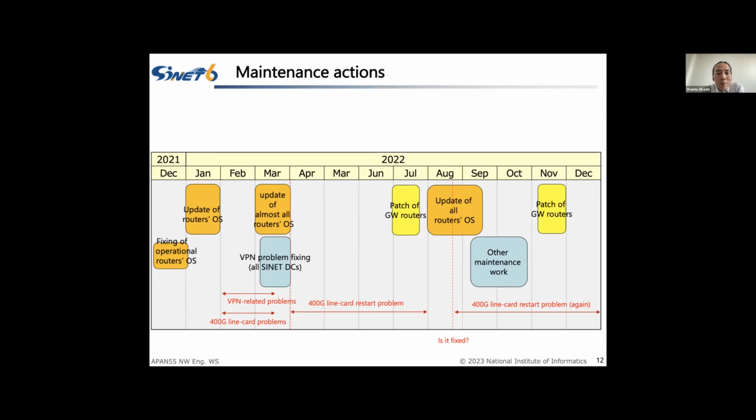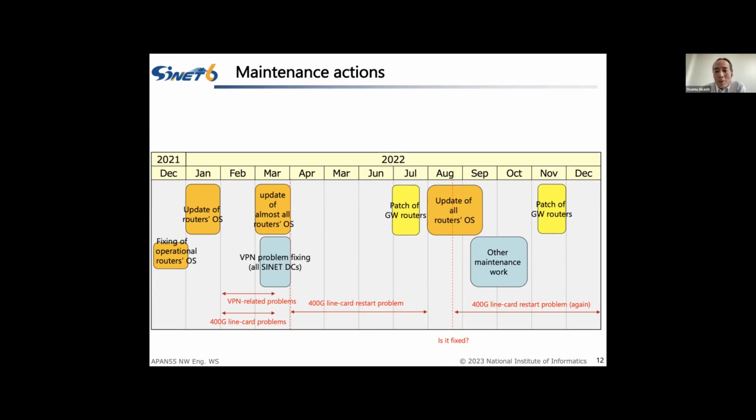So we had to update almost all routers' OS and fix the VPN problems. After that, we also observed the 400 gig line card restart problem. So we had to patch the gateway routers and update all routers' operating systems.